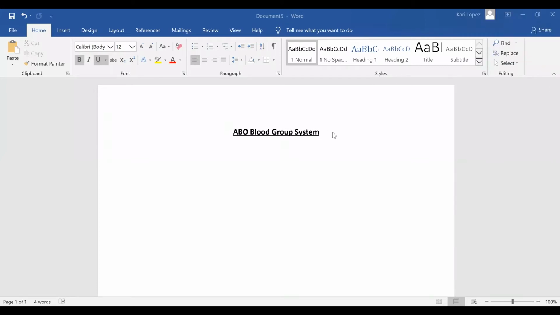So we're going to be talking about our ABO blood group system, and where you get those from is they are antigens defined by immunodominant sugars on the cell surface.